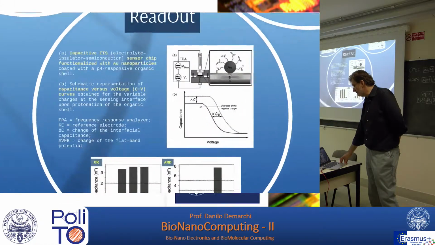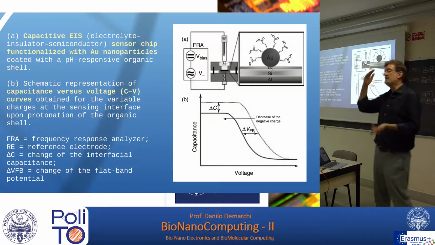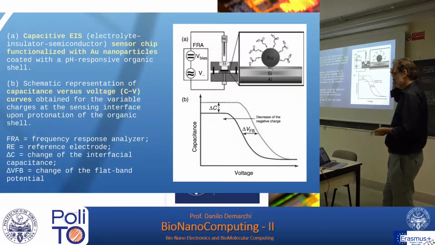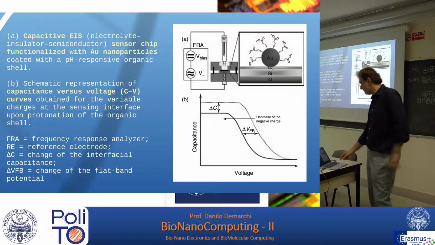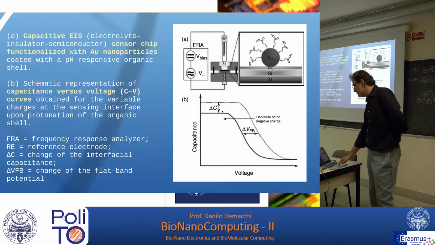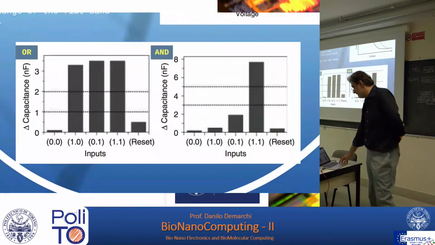As readout, usually electrochemical cells are used. In this case, a capacitive electrolyte insulator semiconductor was used for measuring the change in capacitance. But I have several possibilities. This is what was used in this case.